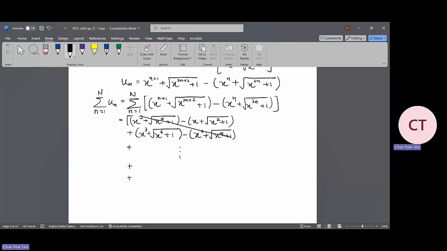So the last term over here, we can write the last term will be x^(n+1) plus the square root of x^(2n+2) plus 1 minus this.